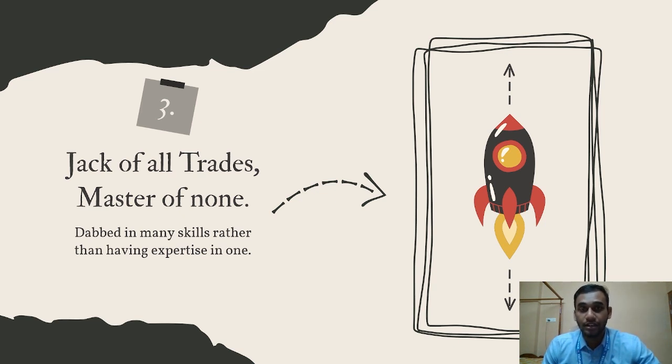To fly a rocket, there are many individuals who are simultaneously working together to make it possible, and each and every one of them has mastery in a specialized area. If a person having slight knowledge of all skills comes and thinks that he can fly a rocket, it's not possible.